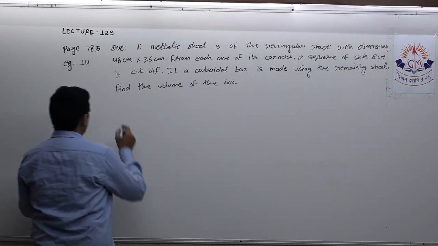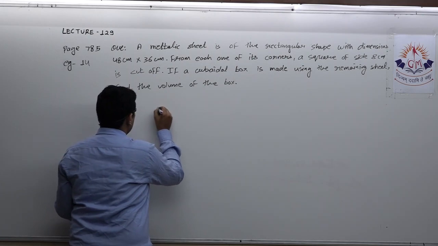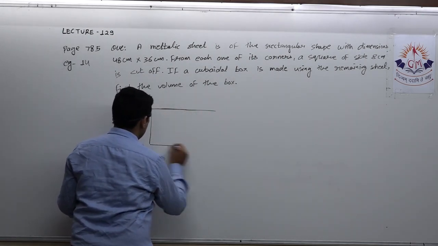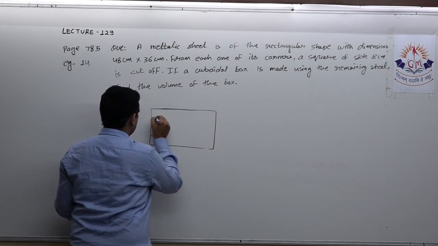So how will we write this? Let us see the solution over here. We'll draw a small diagram in this way. Now I am cutting squares from each of its end.